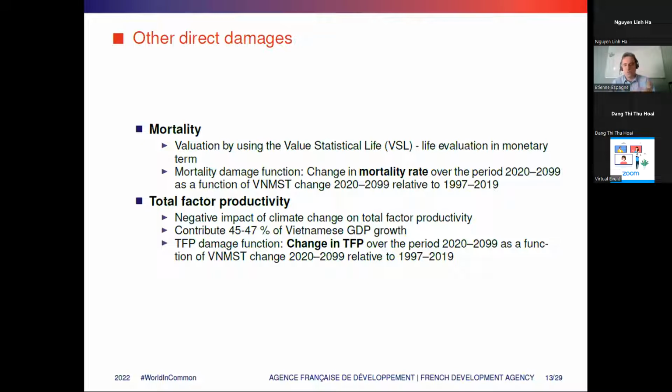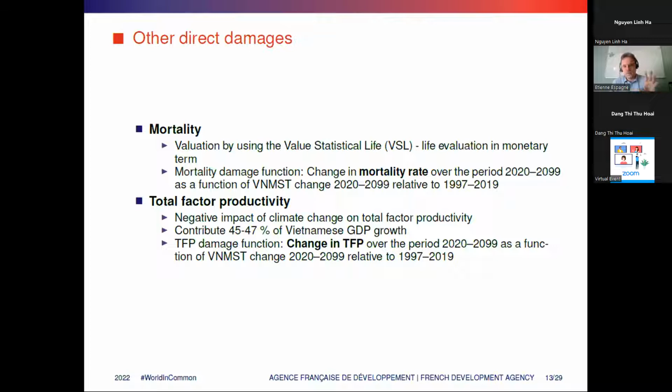So we use two ways. In order to assess the direct damages, we value it by using the value of statistical life, which is of course something very sensitive to the type of hypothesis you consider to value statistical life in a specific country.